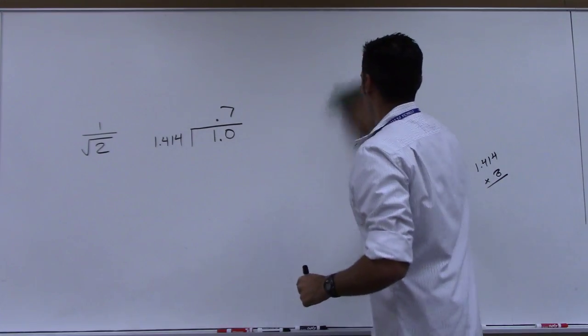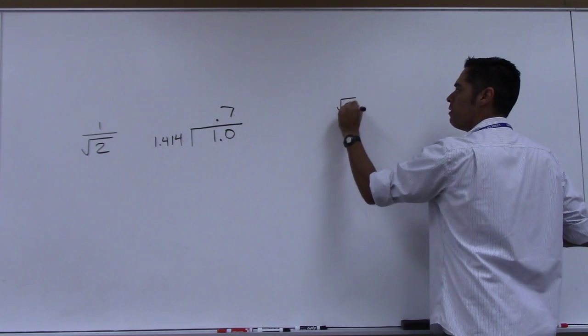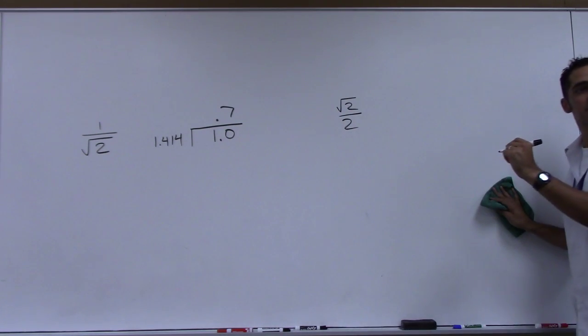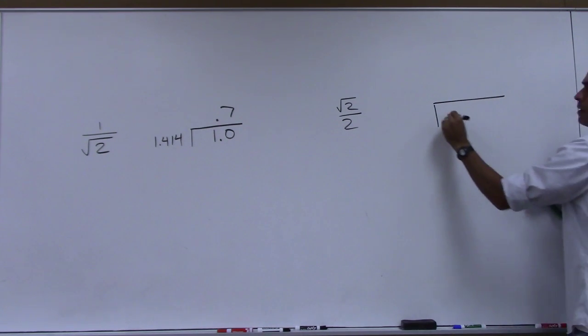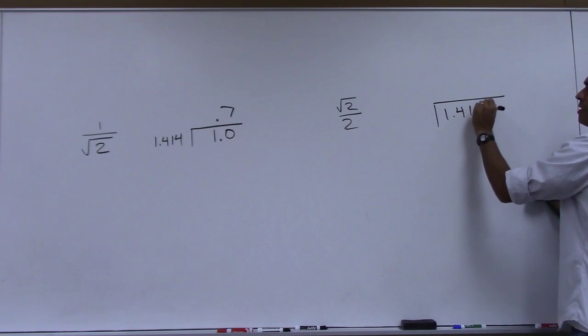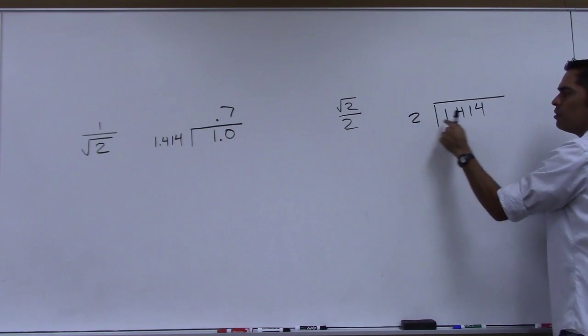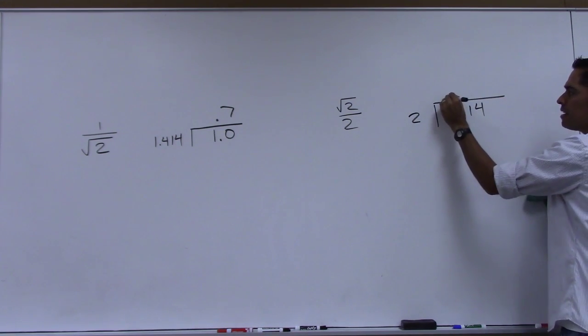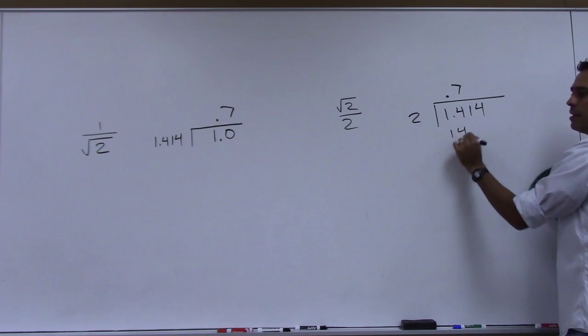Now, the other expression that's equivalent to that is this, root 2 over 2. We said that's the same number, right? Now, if you did this with division, look at it. 1.414 goes here, right? What goes on the outside? 2. Does 2 go into 1? No. Bring the decimal up. Does 2 go into 14? Yes. You see this?